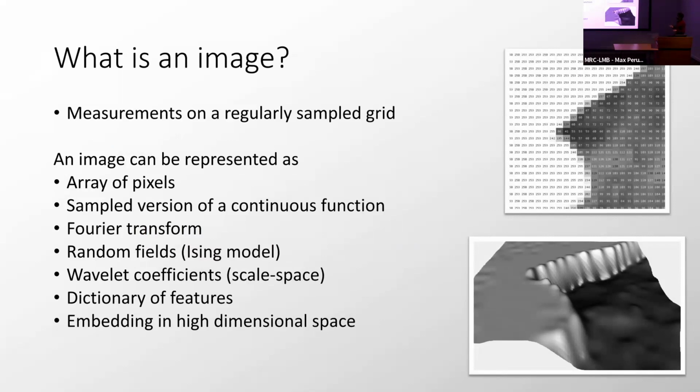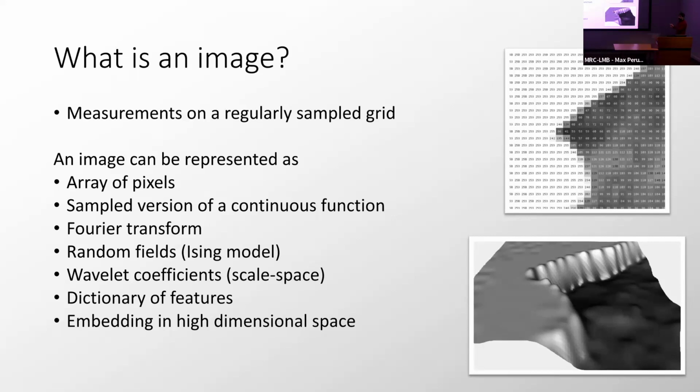So this representation is just an array of pixels. We can represent this array also in different ways. We can represent it as a continuous function. Like here, the z-axis is the elevation of this landscape, which is exactly the brightness of the image.